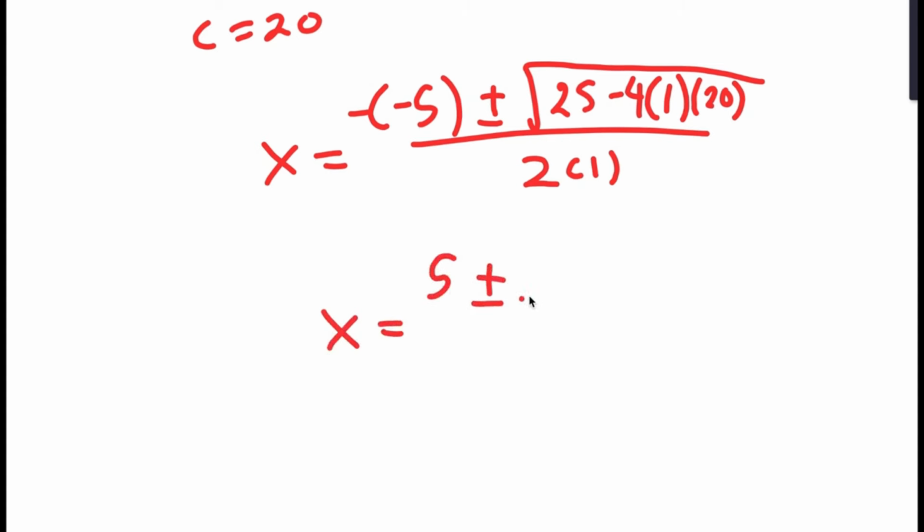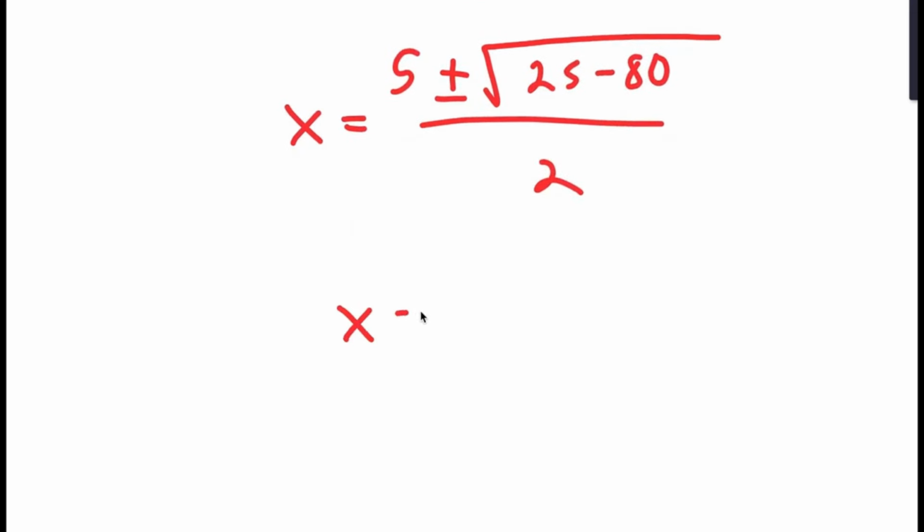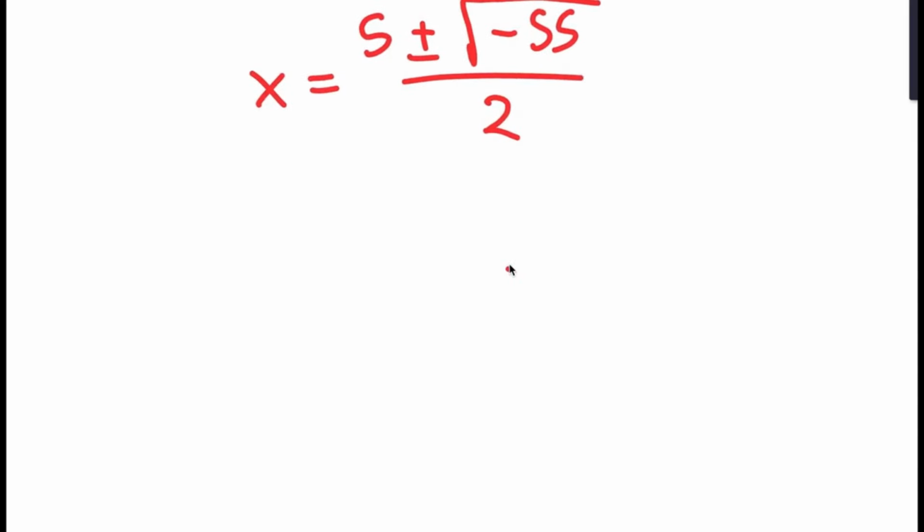And this is equal to 5 plus or minus the square root of 25 minus 80 over 2, which is equal to 5 plus or minus the square root of negative 55 over 2.